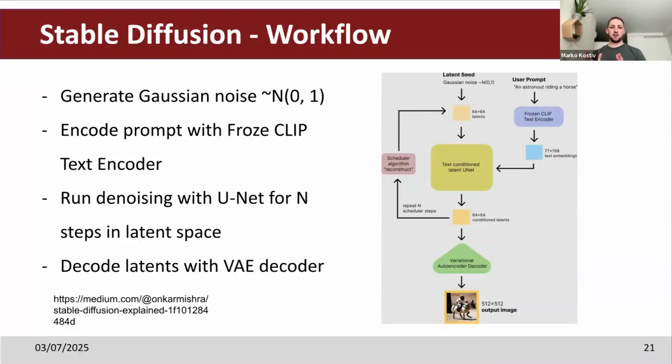At every step, we are guiding the diffusion with the CLIP embedding, and we are predicting the noise to subtract in the latent space. We do this for multiple steps. Now we get the conditioned latents, which are the same shape as the input latents. And we can pass them through the decoder part of the variational autoencoder and get the nice-looking output image.